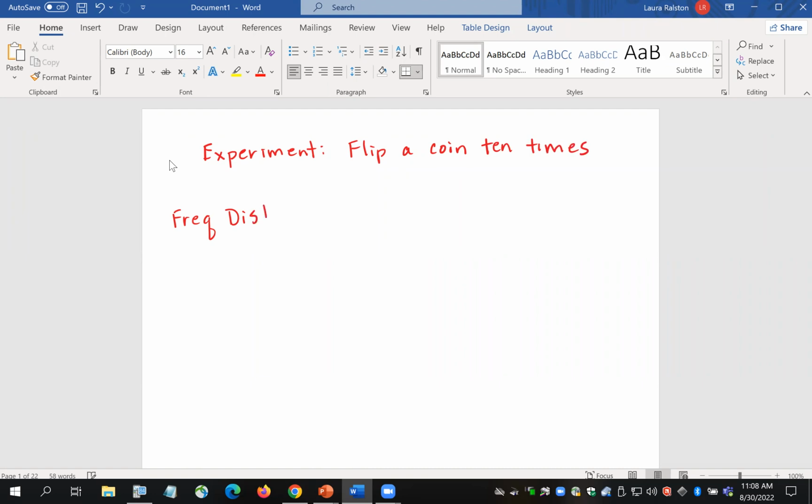Our frequency distribution would actually show us heads and tails, and it would show us how many heads we got. Let's say we got, I'm going to make it up, 7 heads and 3 tails. Okay, so that represents our frequency distribution.